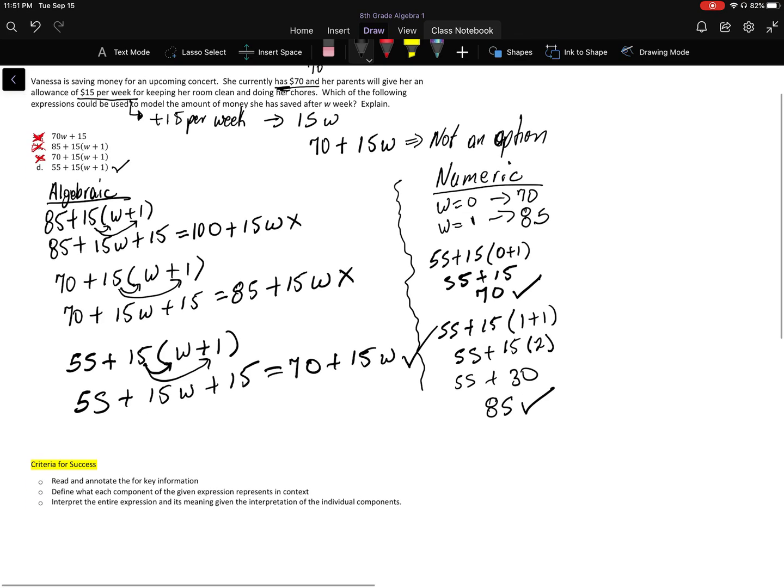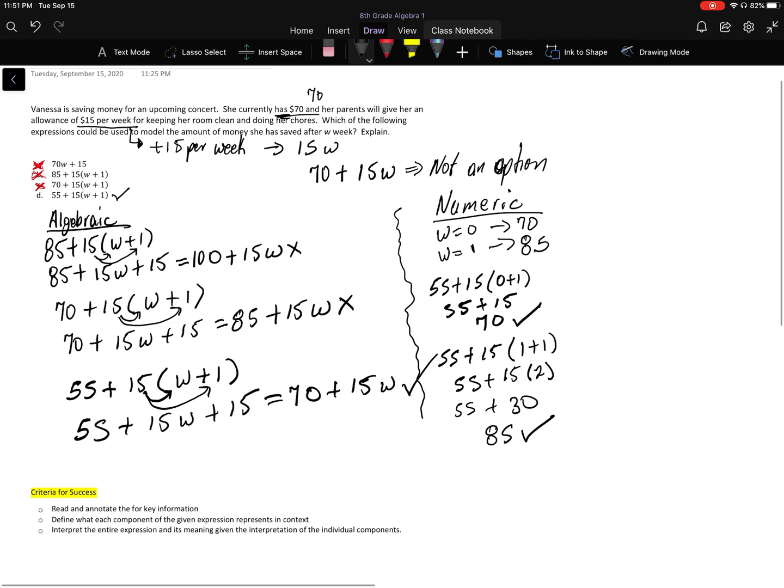The criteria for success that you should be using on these problems are: read and annotate the problem for key information, which is what I did. Define what each component of the given expression represents in context.